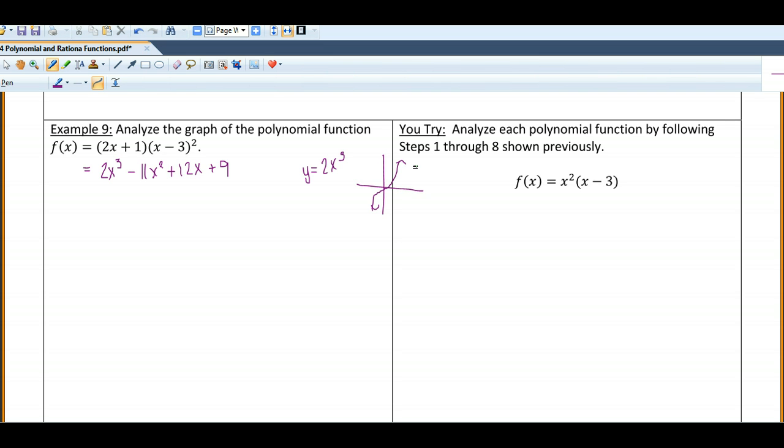So, after end behavior, we're going to look for the x and y intercepts. If we plug in 0 for x, we're going to get y equals 9. So we know the graph hits at (0, 9).